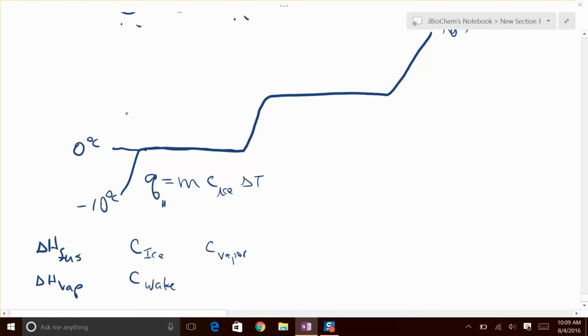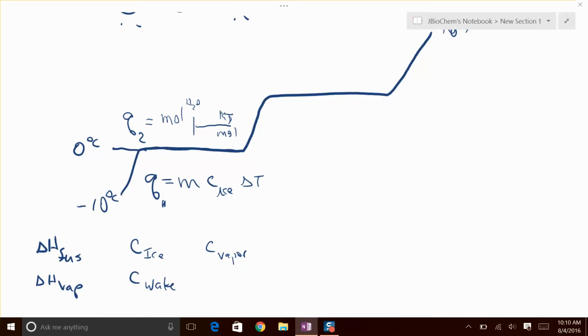For Q2, the Q2 here is going to be equal to what? The moles of the water. Okay, and then I'm going to use the delta H of fusion to convert it from moles to kilojoules. And that'll be my Q2.